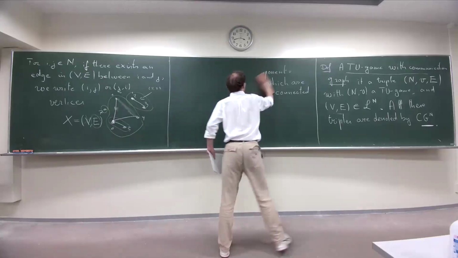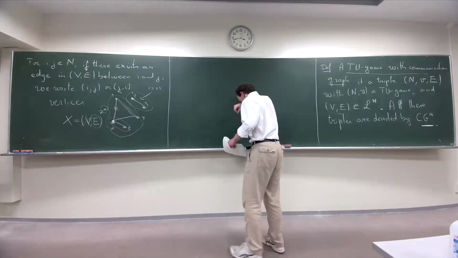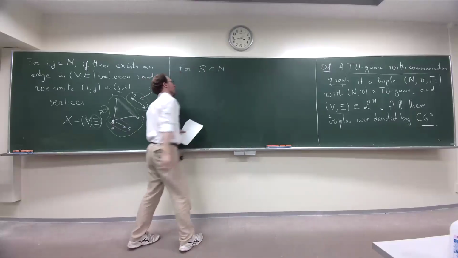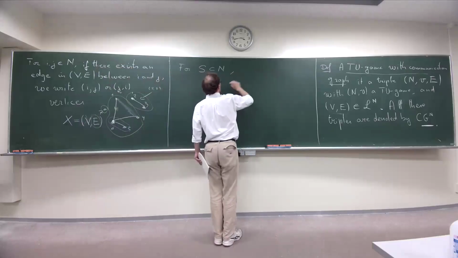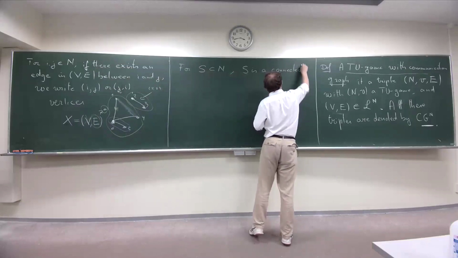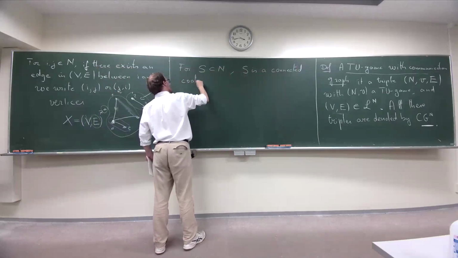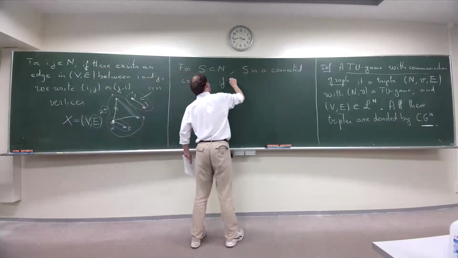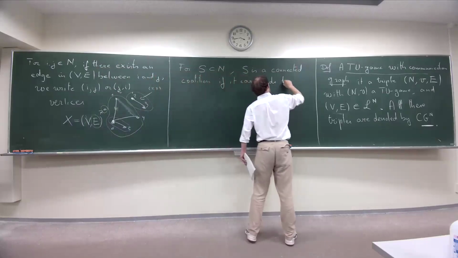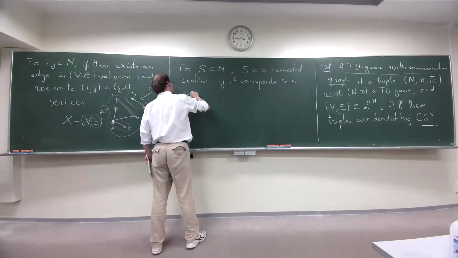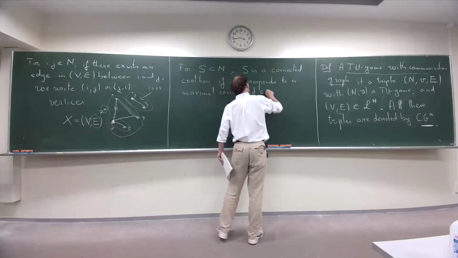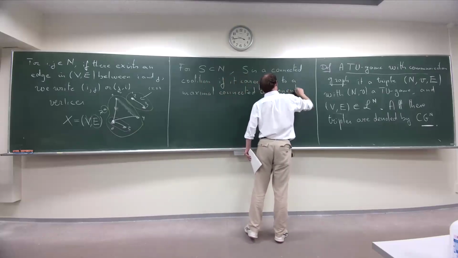So I will just call connected coalition: for S included in N, the coalition S is a connected coalition if it corresponds to a maximal connected component in the graph.